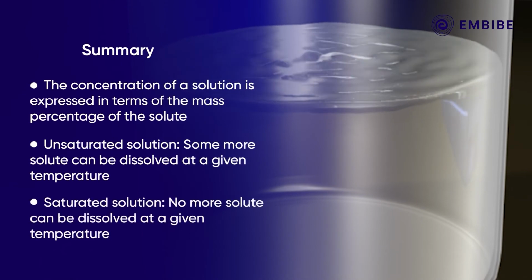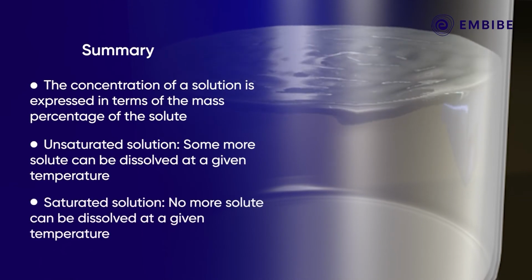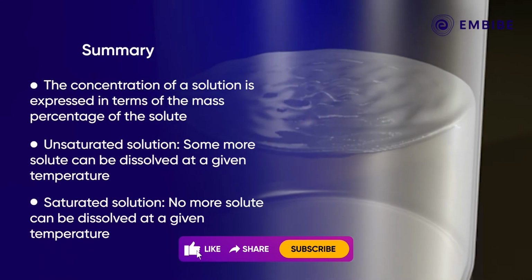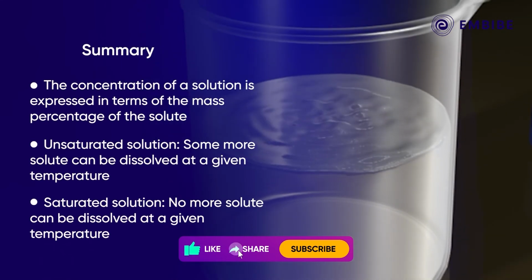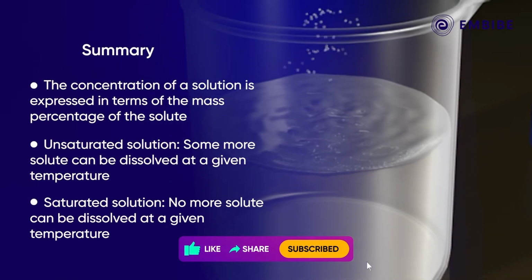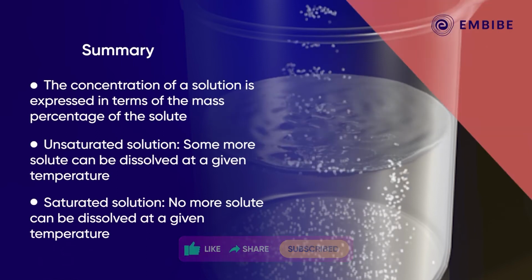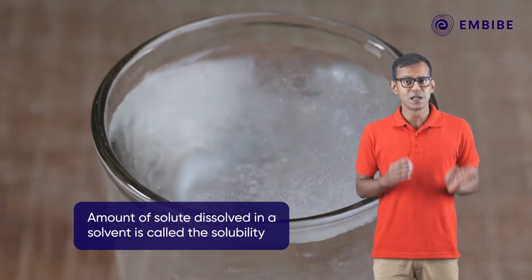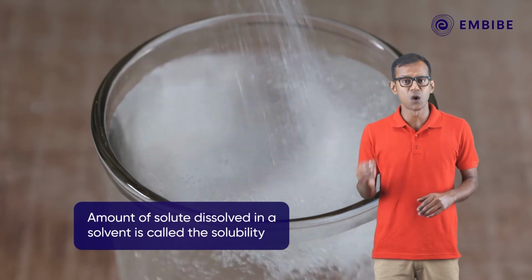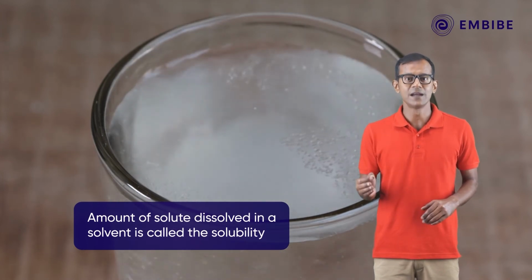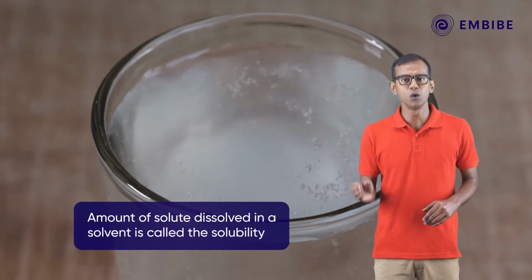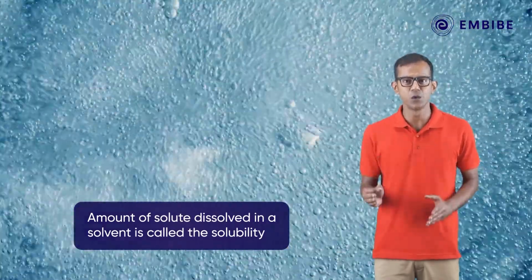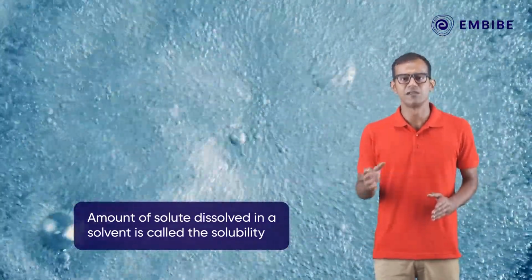A solution in which no more of the solute can be dissolved at a given temperature is said to be a saturated solution. The amount of solute that can be dissolved in any solvent depends on the solubility of that solute in the given solvent.